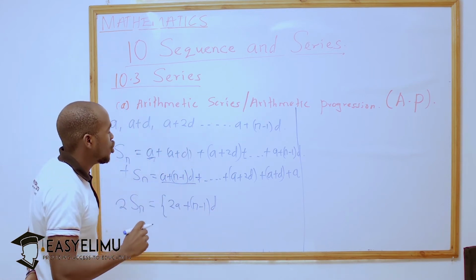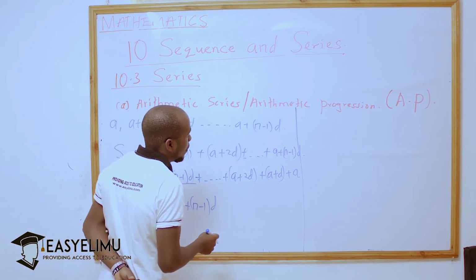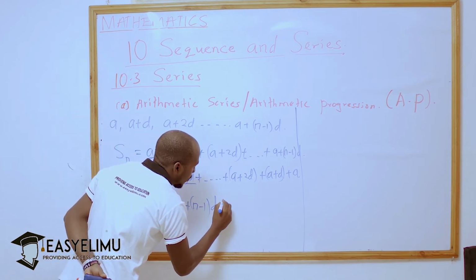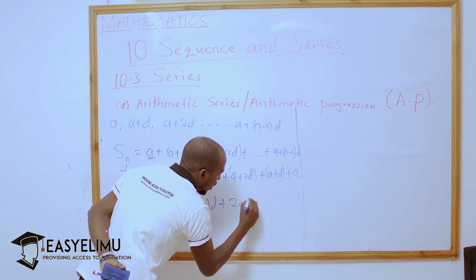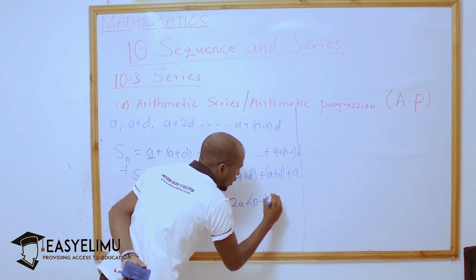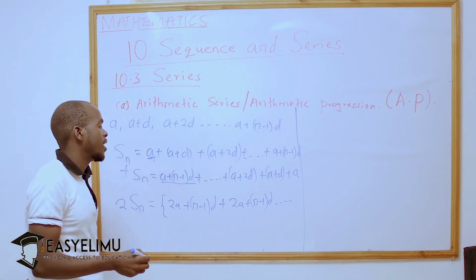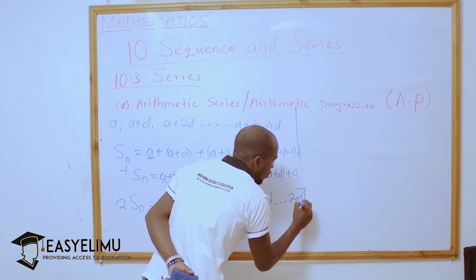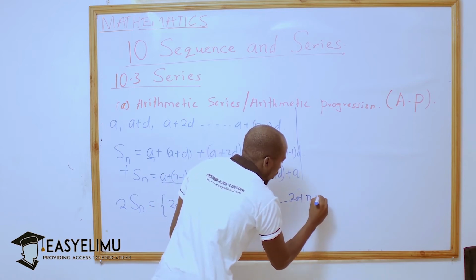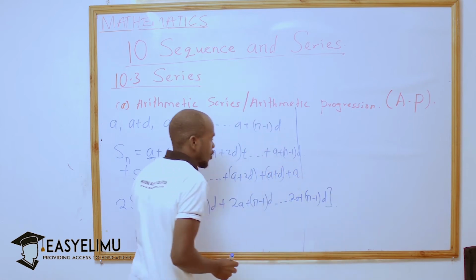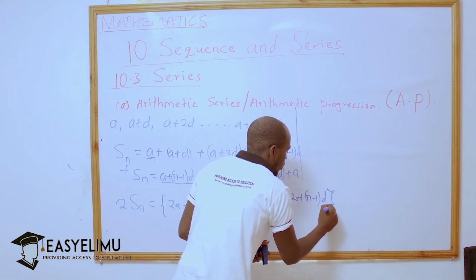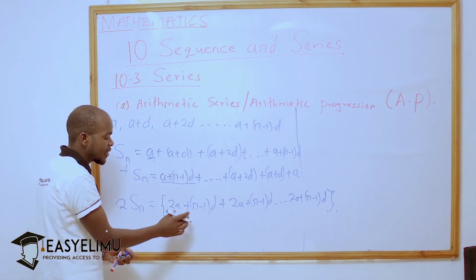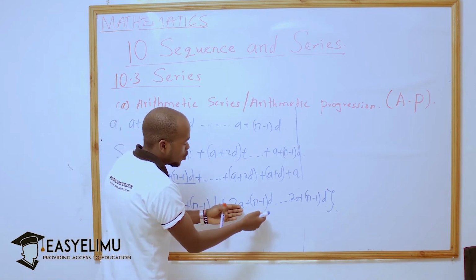The system continues, as you go on summing up, until you find the last term, and that one also is still 2a plus n minus 1 d. You can make that investigation by yourself and see. It still gives you that one. So this one is similar throughout.